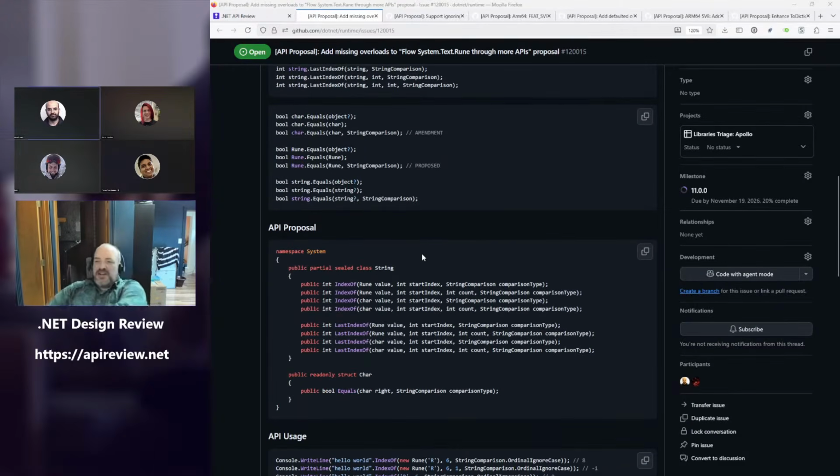So I guess the idea behind this is like the German O umlaut, which can be matched against O followed by E. So that's where you want the ordinal versus the culture sensitive. Right. Okay. But we already added this overload. This proposal is to add the overloads that can take start index and the count in addition to it.